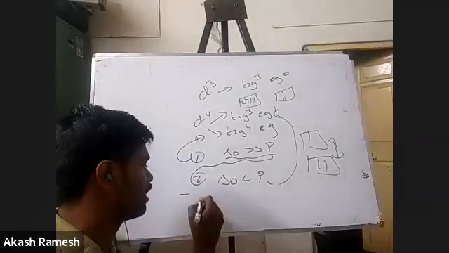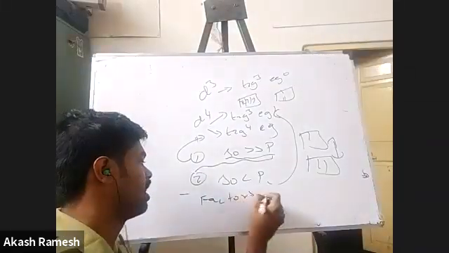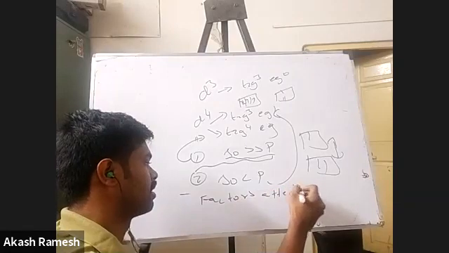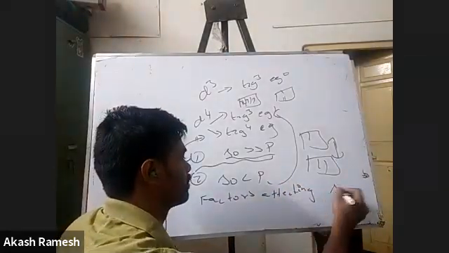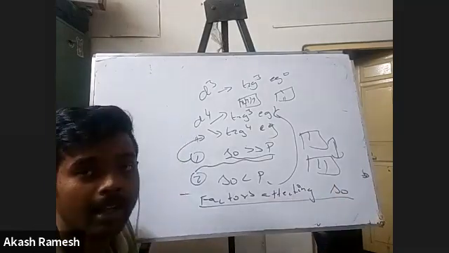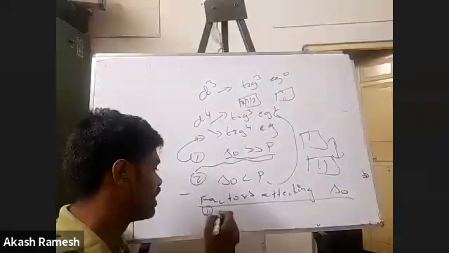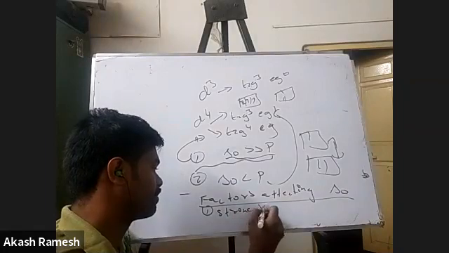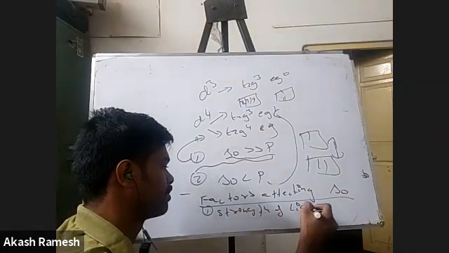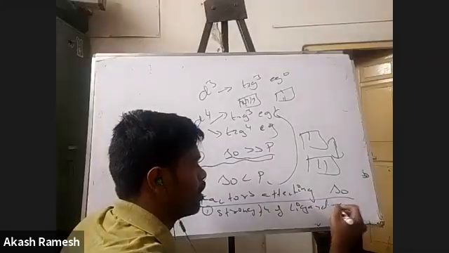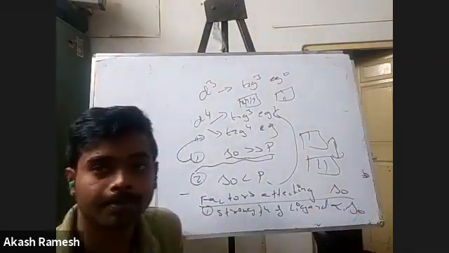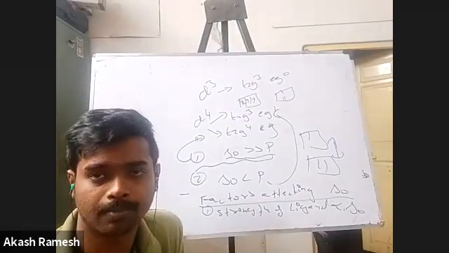So if I look at the factors affecting CFSE, that is, factors affecting delta naught, I'll tell you. One thing is the strength of the ligand. Now remember, the more the strength of the ligand, the more will be the delta naught, because more will be the repulsion, is it not?